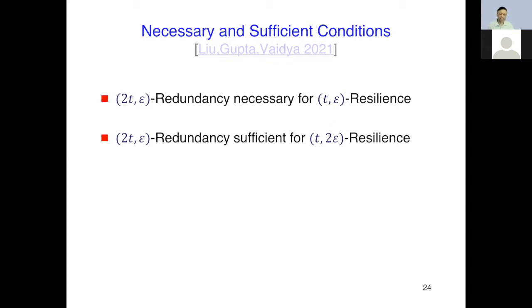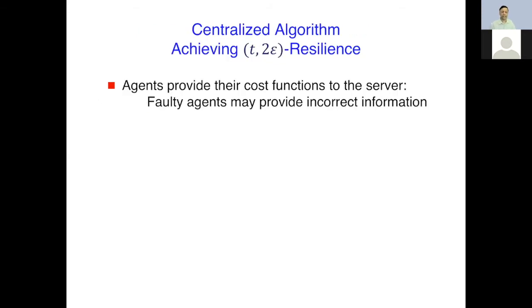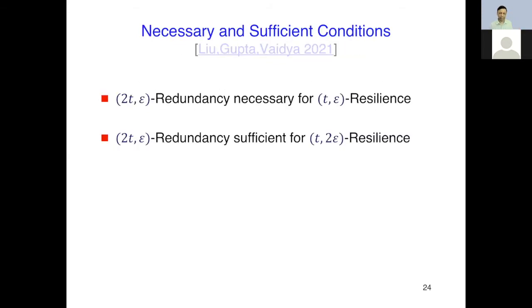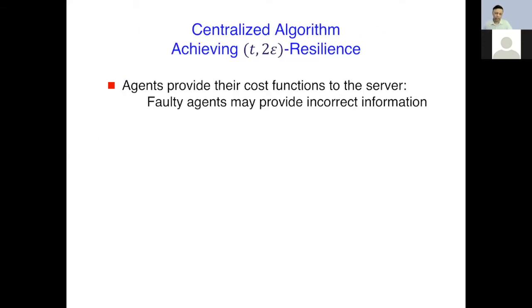I won't do the necessity proof here or the sufficiency proof for that matter, but just be aware that results of this sort exist, and there are algorithms that can achieve this property given this redundancy condition with some additional assumptions. I'll come to those algorithms later. Rather, I'll talk about the distributed algorithm later.